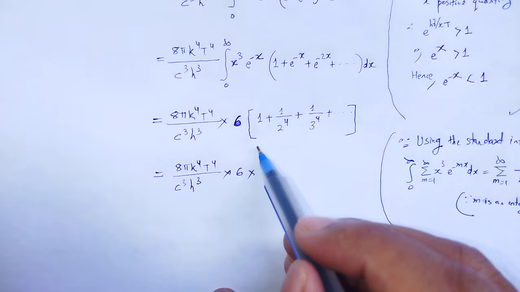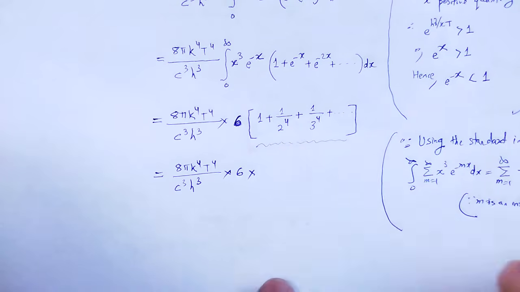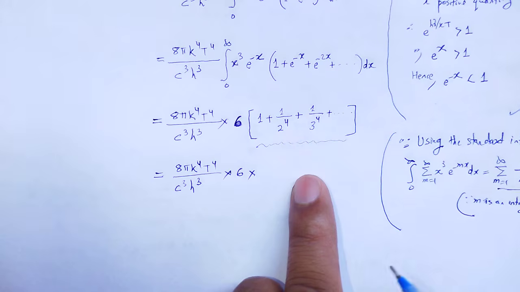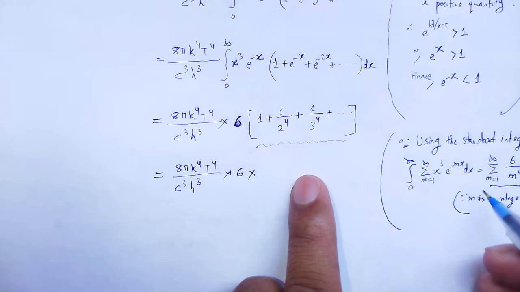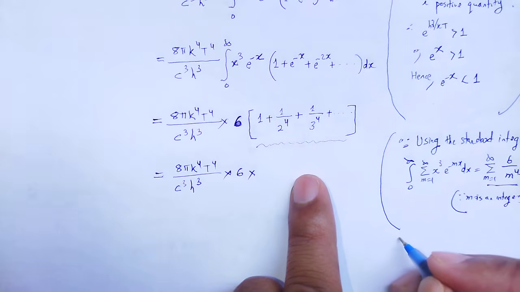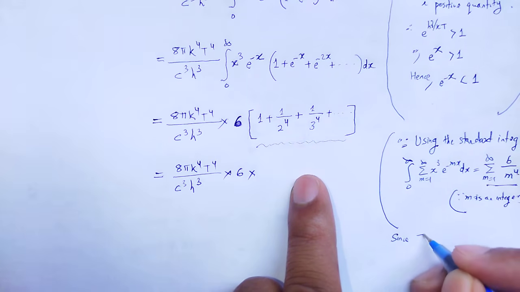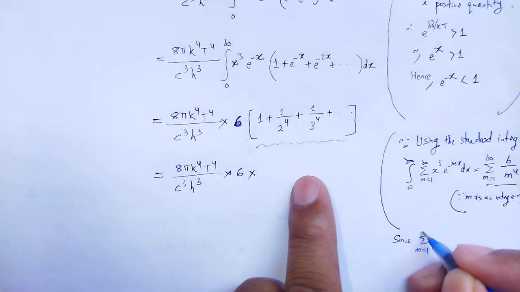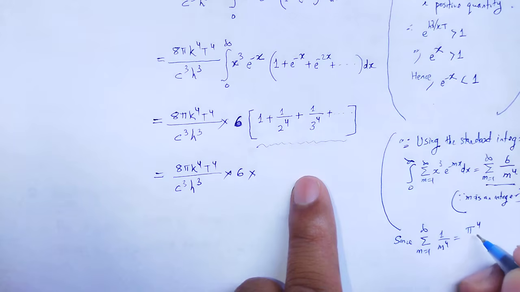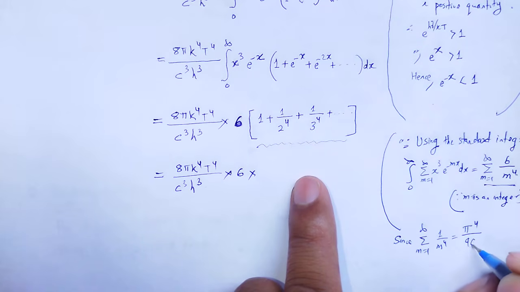That summation term is the standard integral result, and that summation, summation over m equal to 1 to infinity of 1 divided by m to the power 4th, results as pi to the power 4th divided by 90.